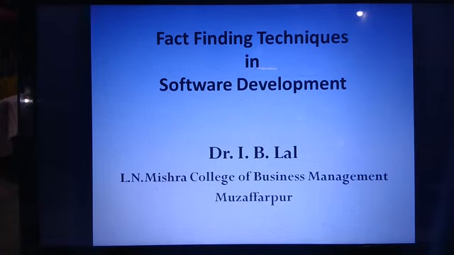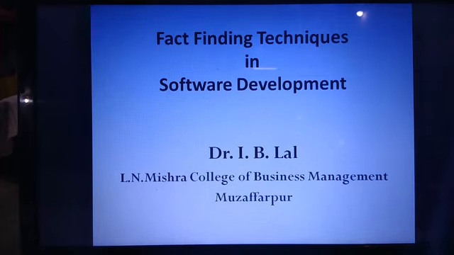Functional requirements are those that are explicitly specified by the users. And non-functional requirements are those that are not explicitly specified by the users. These are implicit requirements, such as reliability of the software, performance, response times, error messages, and all that.